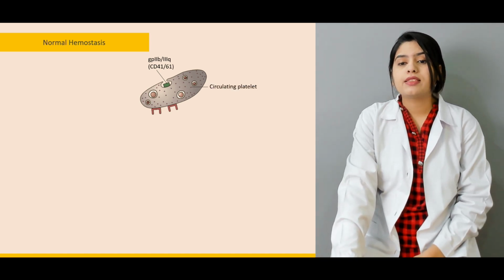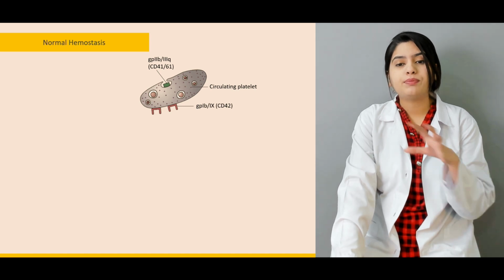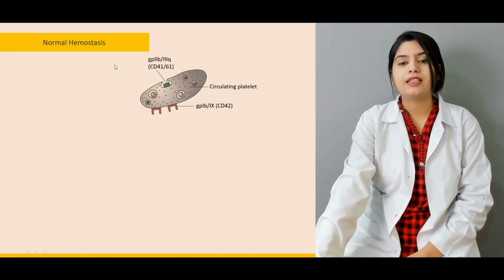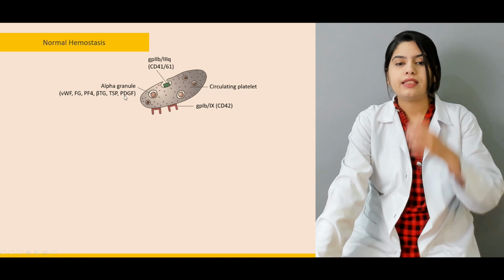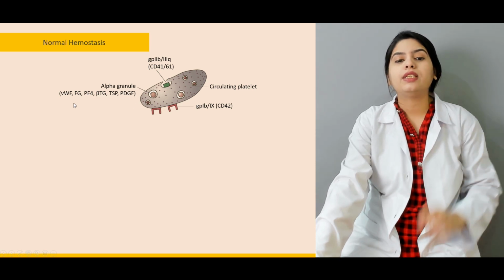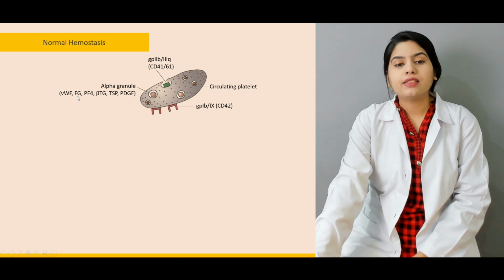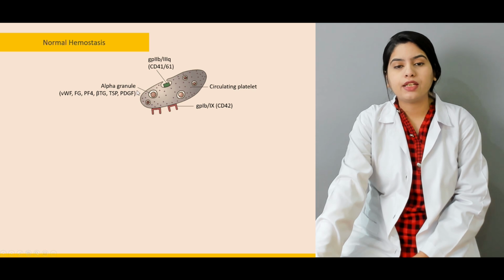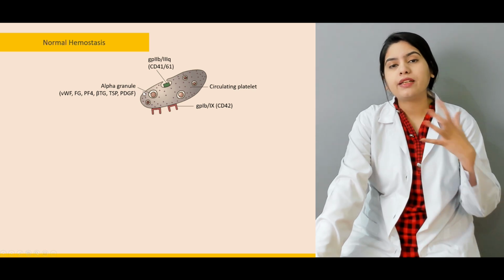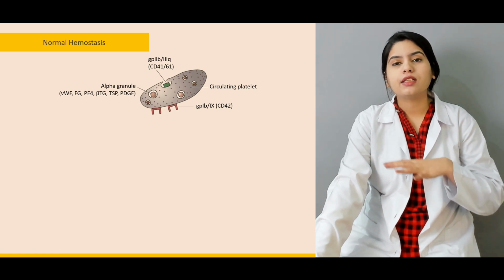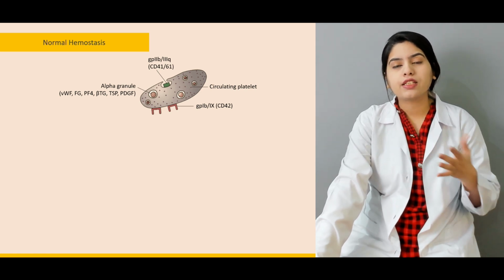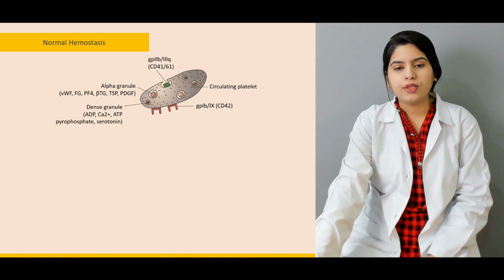Here you can see that on the surface of this circulating platelet, there are glycoproteins present. These are specific glycoproteins on the surface of the platelet. Along with that, there is the alpha granule that consists of the Willebrand factor. Other types of factors are part of these alpha granules, and whenever these platelets are activated, these granules are released, and all of these proteins are then present in the activated form and perform their role.